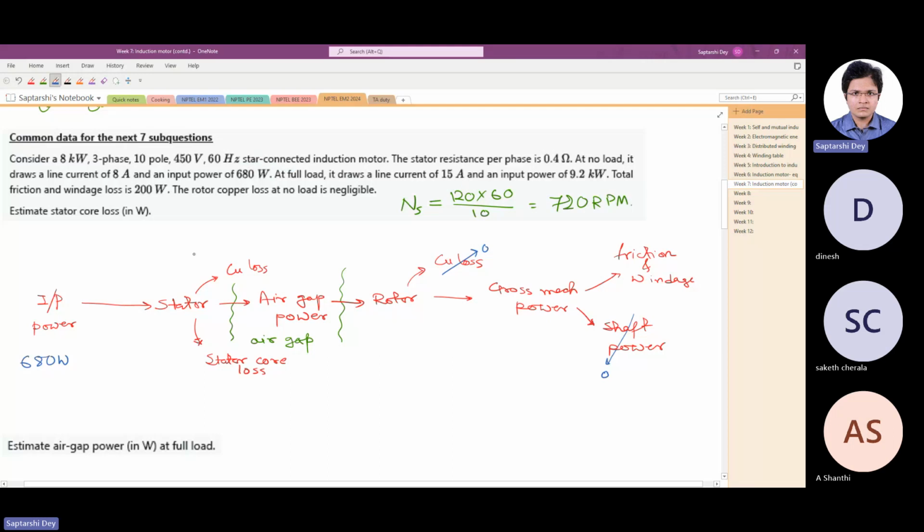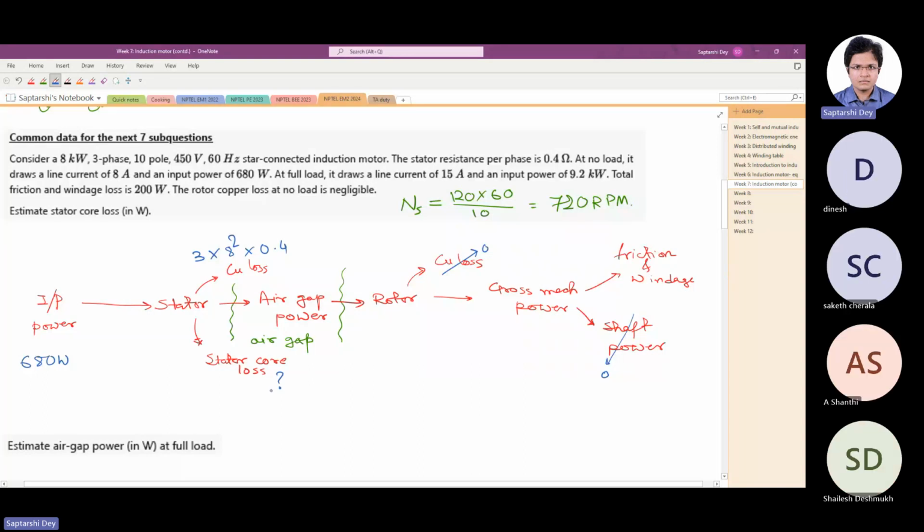So copper loss is 3 times current squared times resistance. This we have to find out.